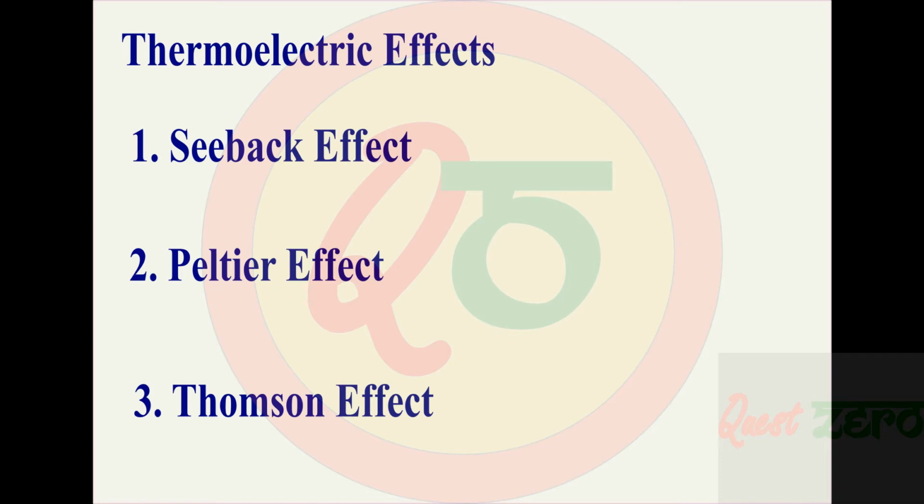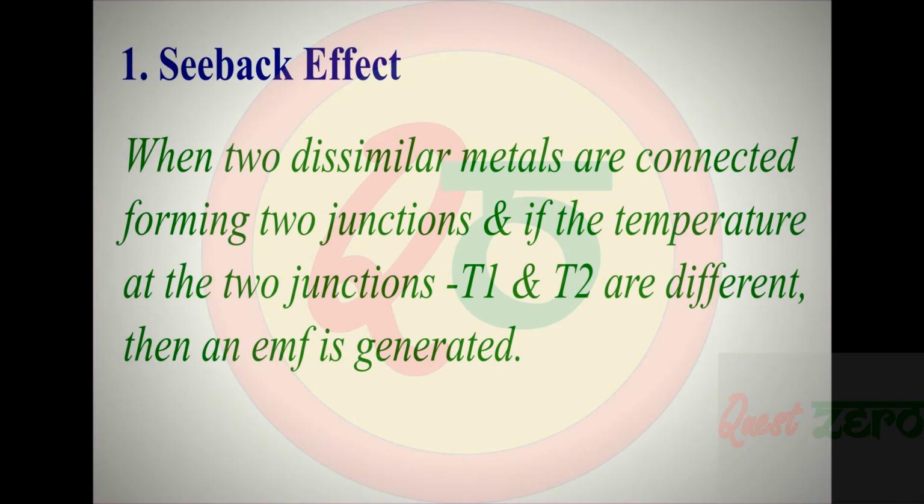What is the Seebeck effect? All three are named after the scientists who discovered the effects. Seebeck determined that when two dissimilar metals are connected and they form two junctions, if the temperatures of these two junctions, that is T1 and T2, are different, then an EMF will be generated.